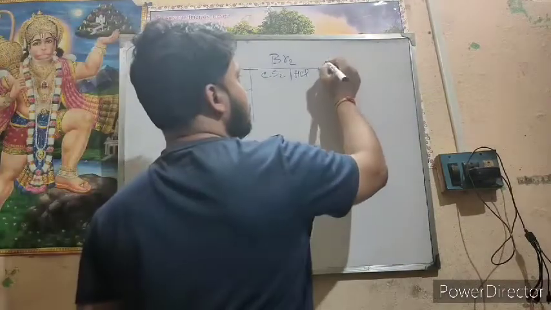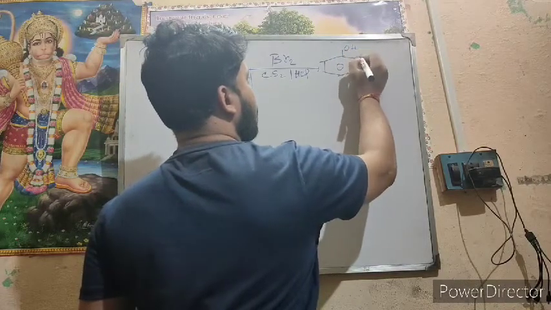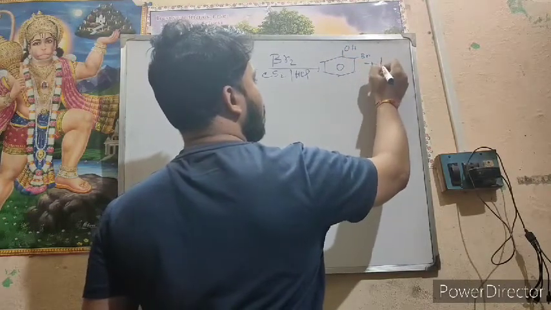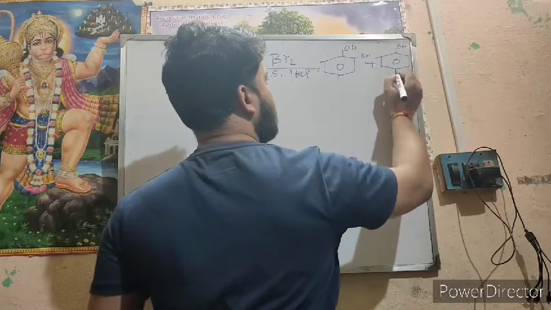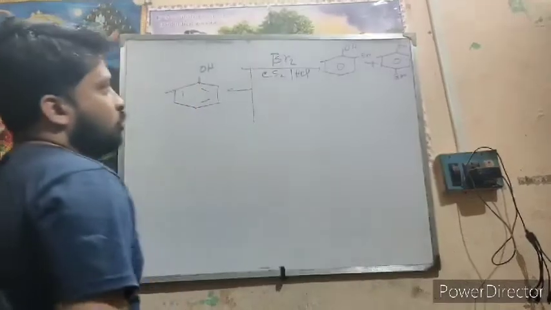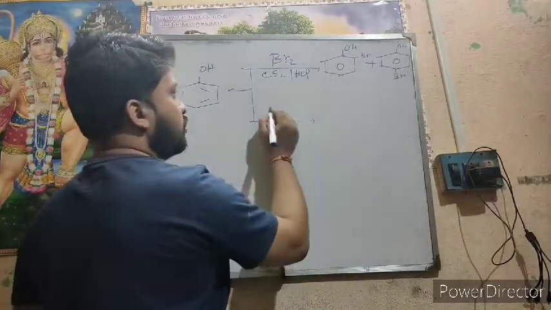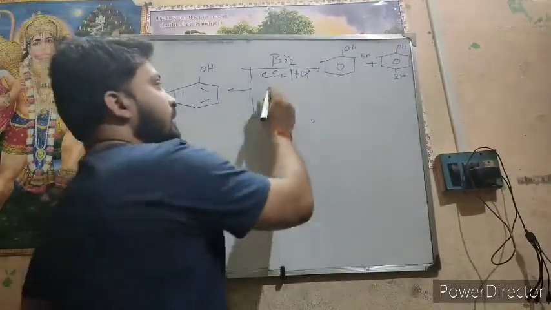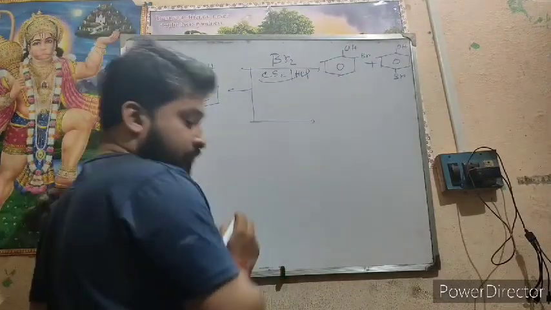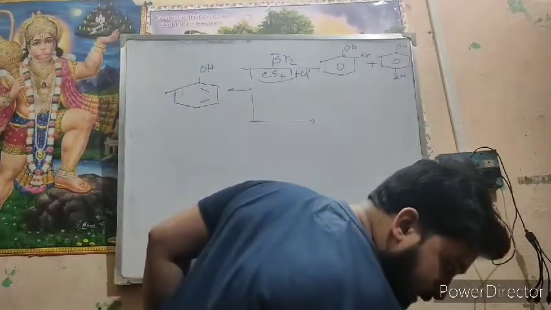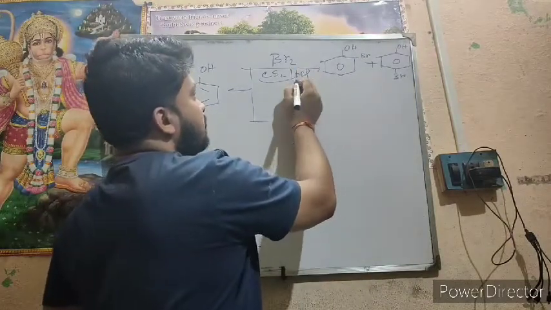You get two products. As you know, one bromine is on the ortho position and one bromine is on the para position. So this is the product when you react with bromine in the presence of CS2, carbon disulfide.